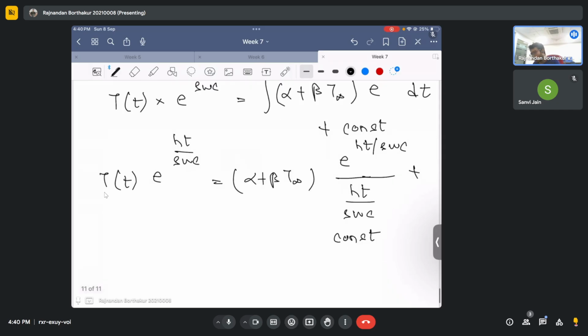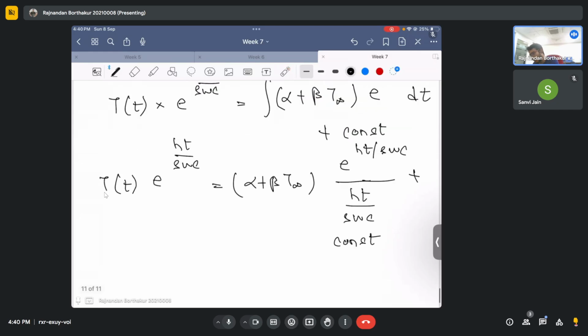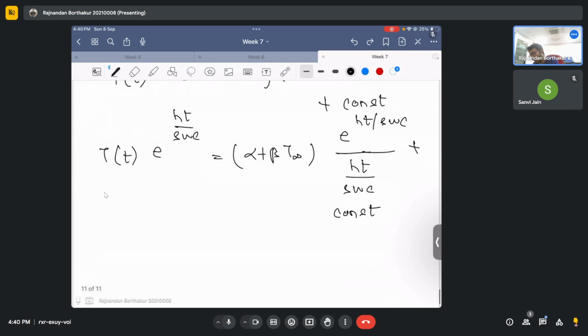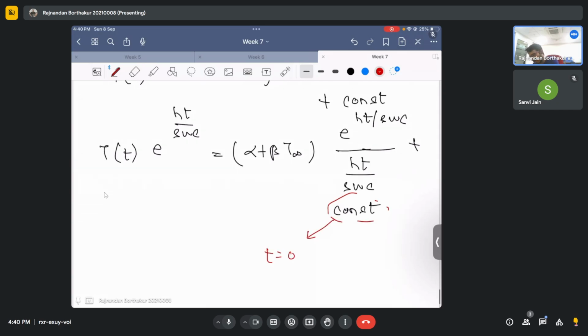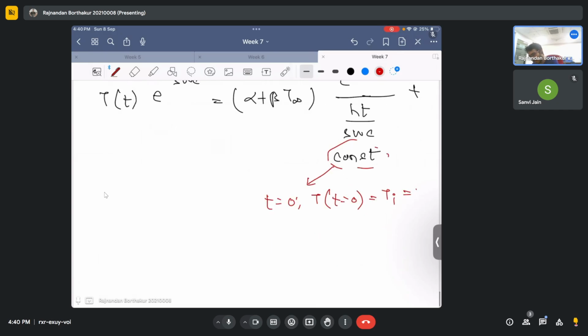Okay. Now how do you evaluate the constant? That is easy, right? You have just evaluated the temperature profile here. This constant can be evaluated by using the fact that at time t equal to 0, your T is just some T initial, and this T initial is nothing but your T infinity.